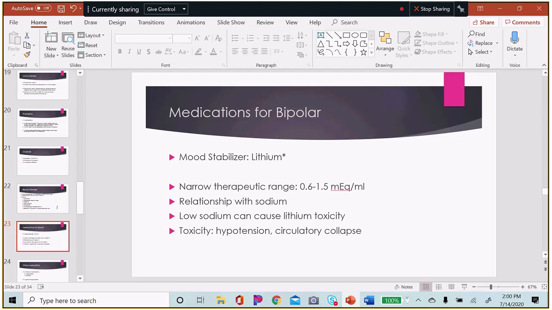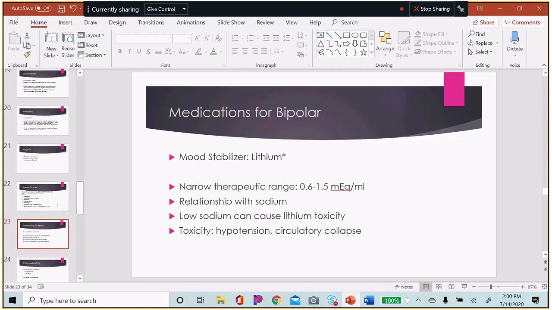So anything that could lower the patient's sodium, and it's usually some other illness, maybe they got really, really dehydrated and they lost sodium and water, or they were really, really sick and got dehydrated that way. Anything like that could definitely lead to lithium toxicity without the patient intending. It wasn't like they took too much on purpose.